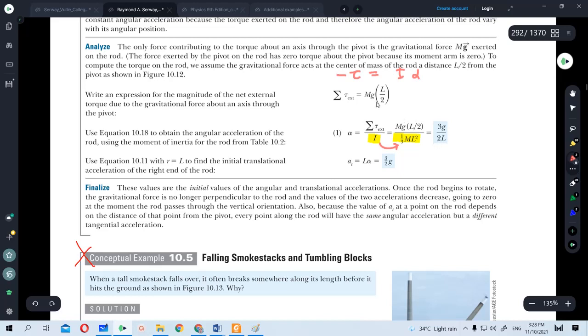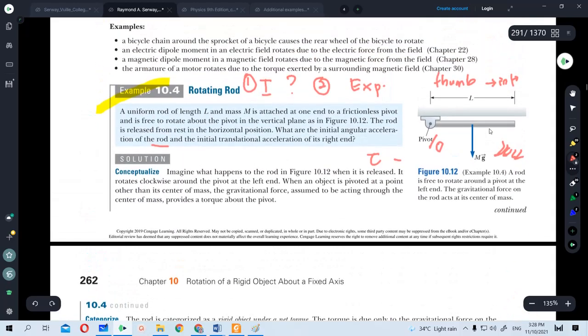How about the rest? This is I alpha just now. How about this one? This is actually coming from the expression of F times lever arm. Oh, perhaps I should write it the other way around: R times force times sine theta. In our case, recall that the angle must be between R and F. Let's go back to our figure.